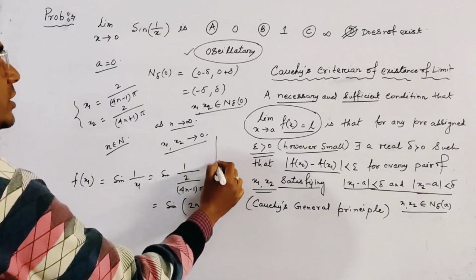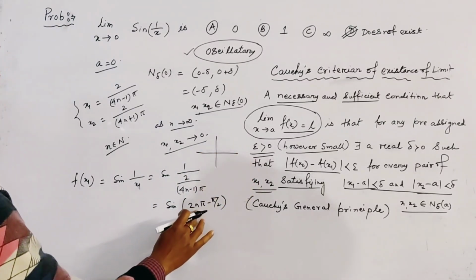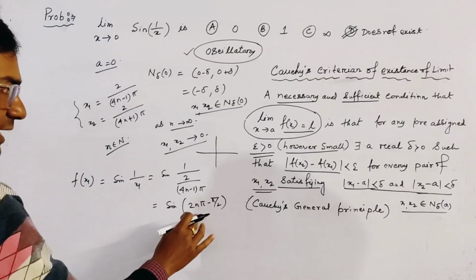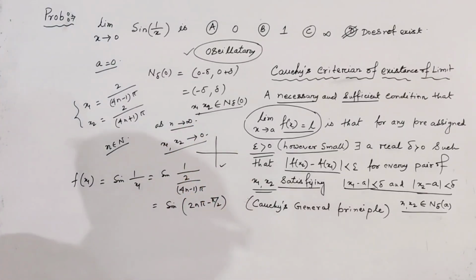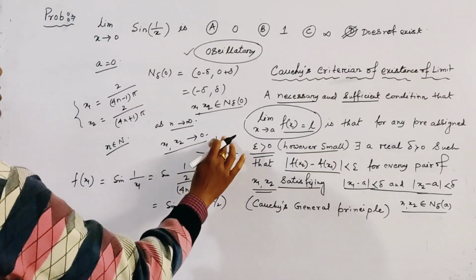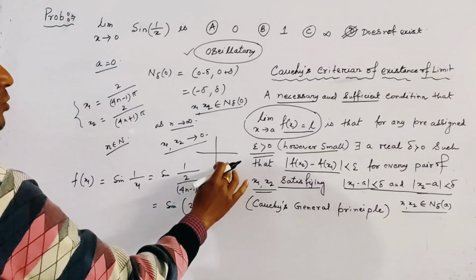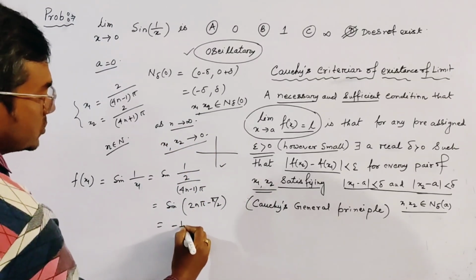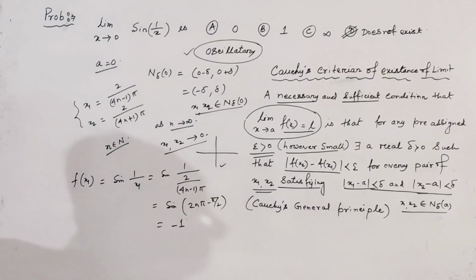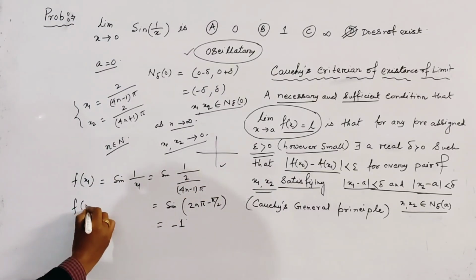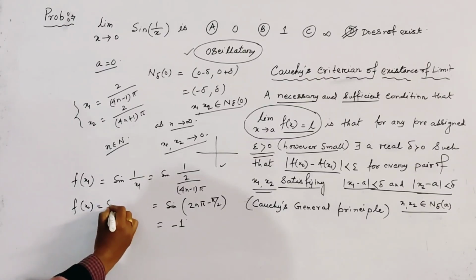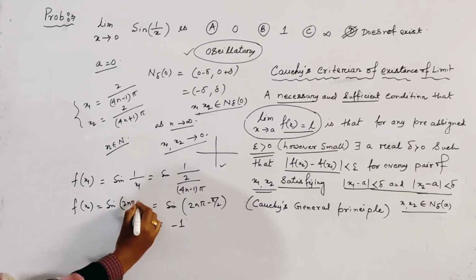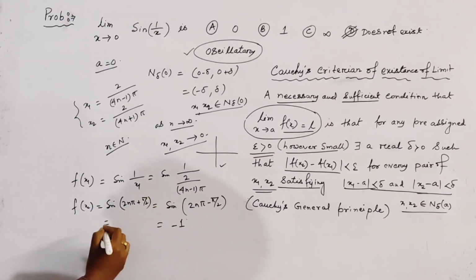Clearly, 2n pi minus pi by 2, for any value of n, lies in the fourth quadrant, where only cos is positive. So we get the value minus 1, because this is minus sine pi by 2. Similarly, f of x2 is sine of 2n pi plus pi by 2, and this value is 1.